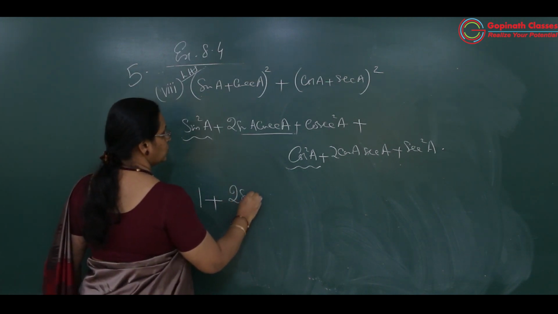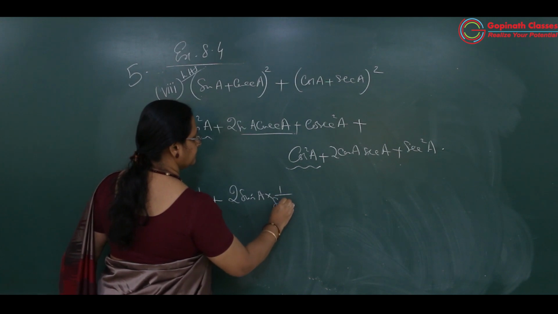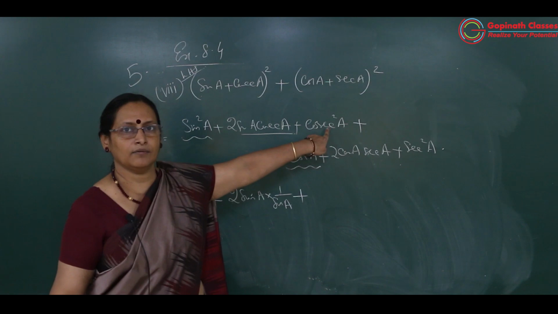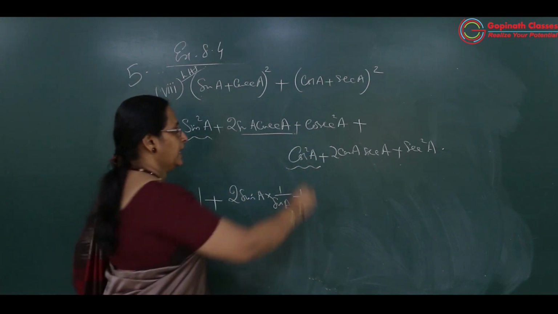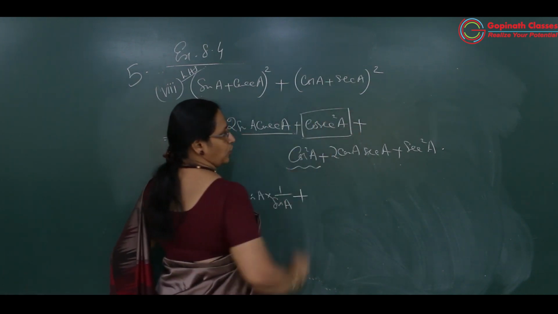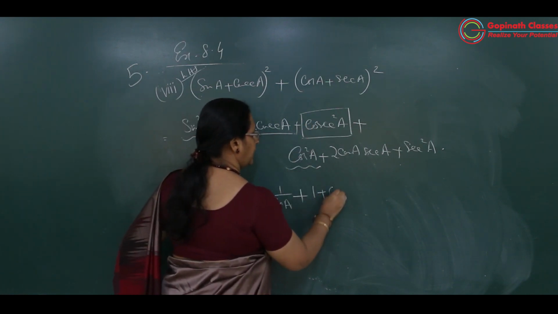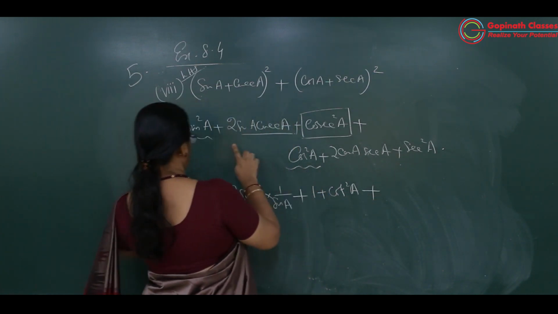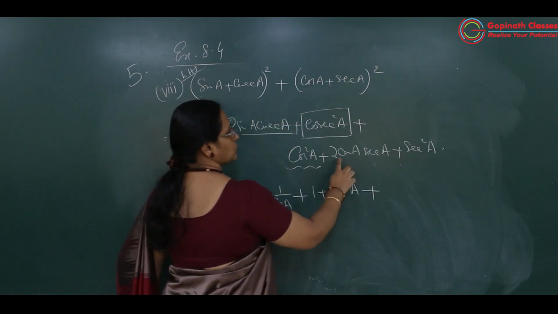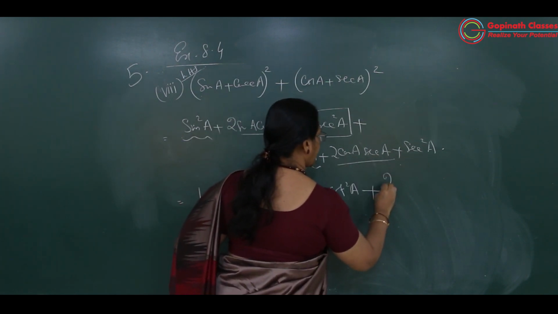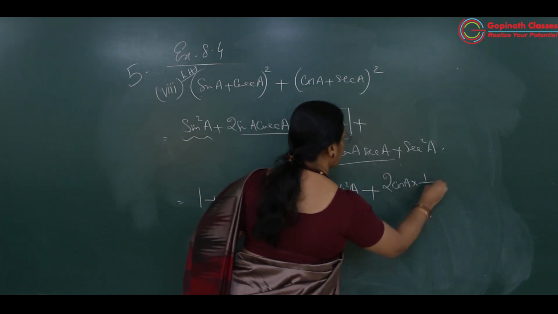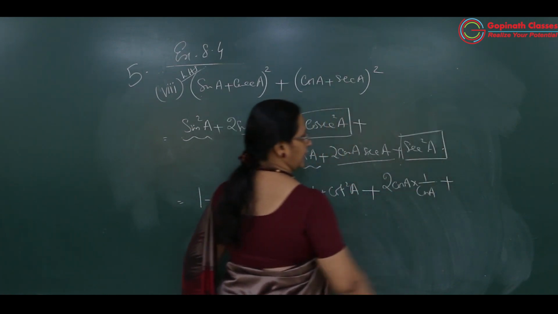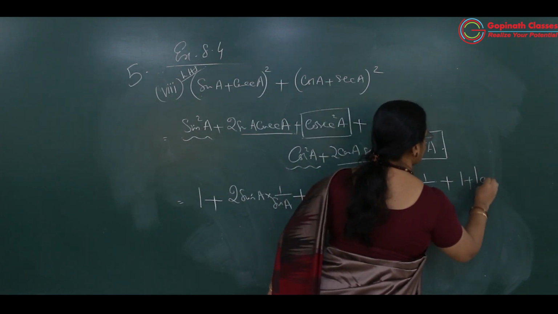So, I can write 2 sin A into 1 by sin A, plus, now, we don't want cosec square A in the answer, we want cot square A and tan square A. Can I change this as 1 plus cot square A, because cosec square A is 1 plus cot square A, plus, this is gone along with this. 2 cos A sec A, I can write 2 cos A into 1 by cos A, plus, again sec square A can be changed as 1 plus tan square A.